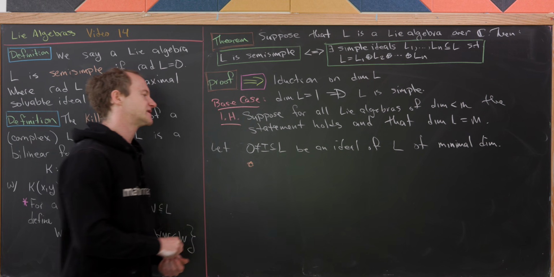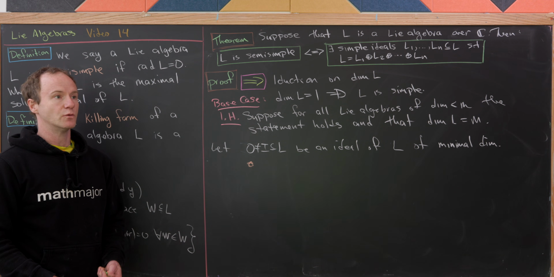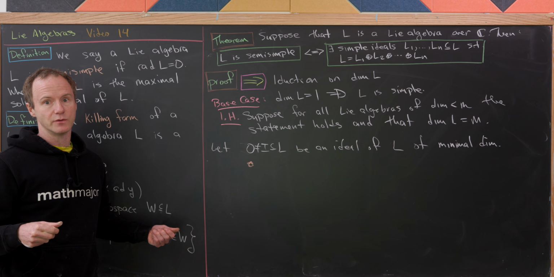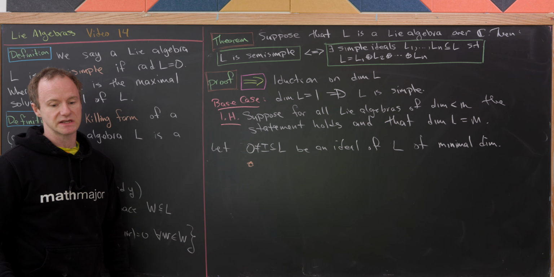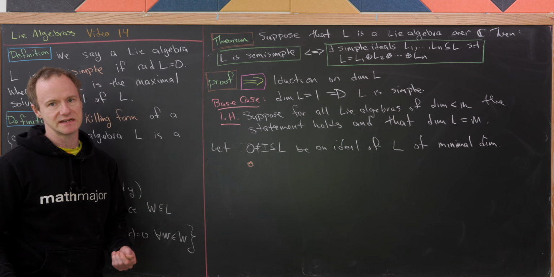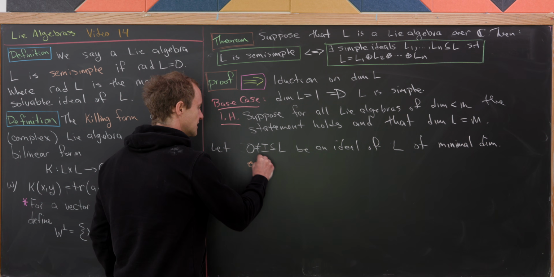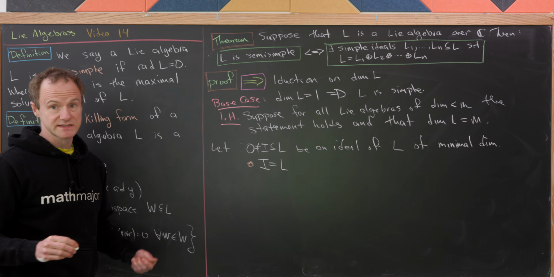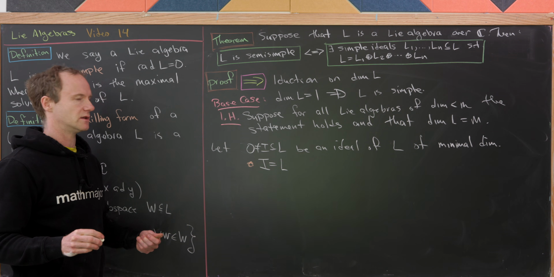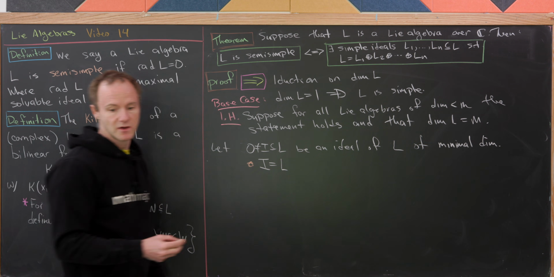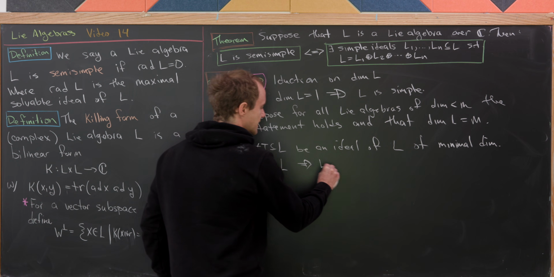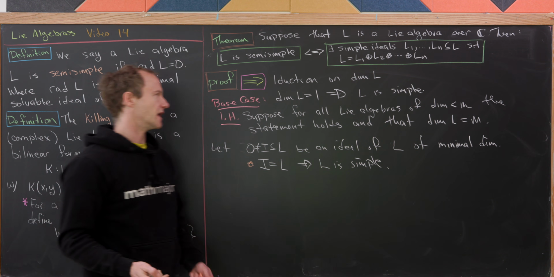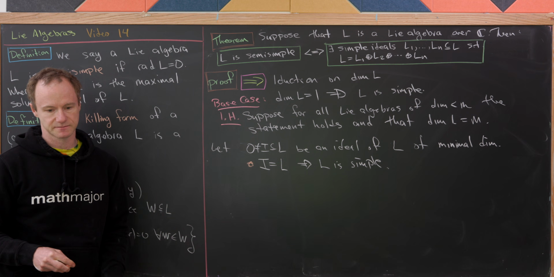This actually breaks into two cases, because we could have the case where the smallest dimensional ideal we could get would be the dimension of the Lie algebra. Well, in that case, the ideal is equal to the Lie algebra. So we have I is equal to L. But if the smallest ideal we have inside of L is the Lie algebra itself, then that means that L is simple. And then we're done for the same reason we were done in the induction hypothesis.